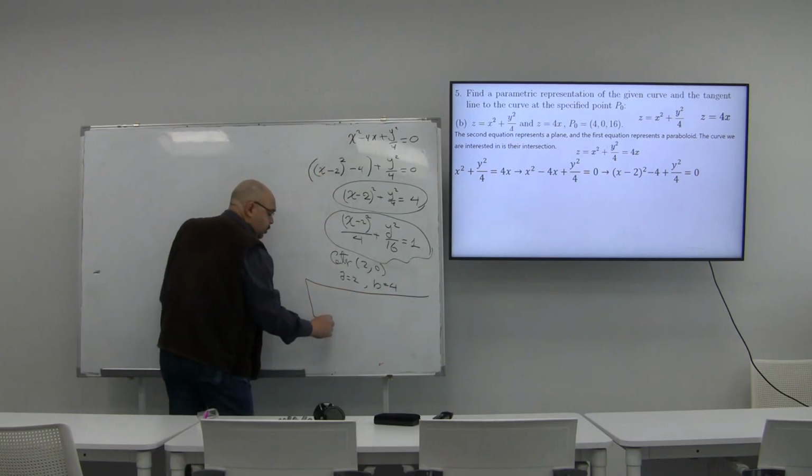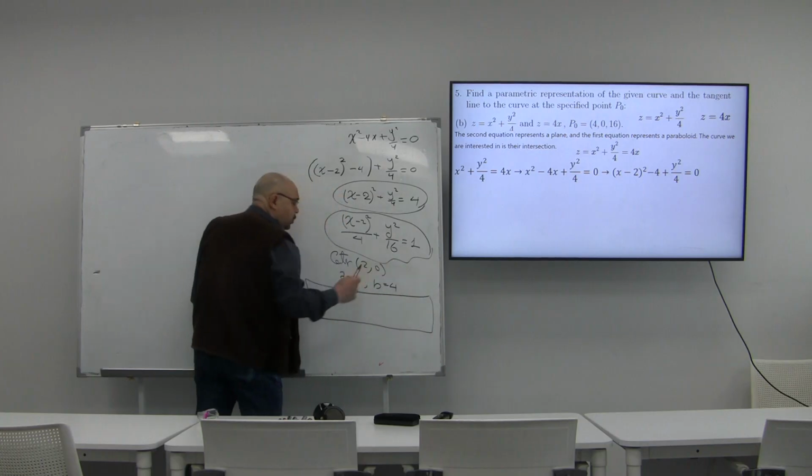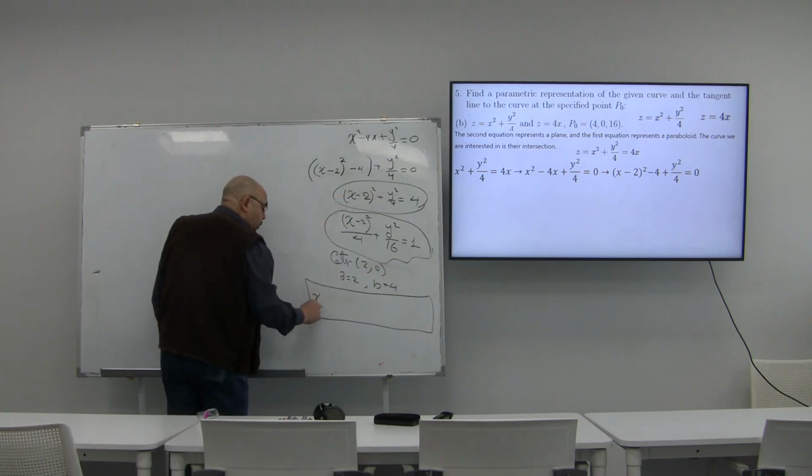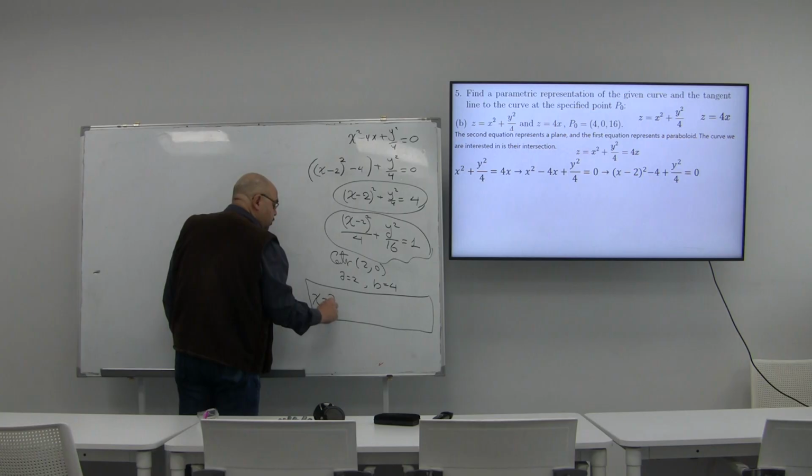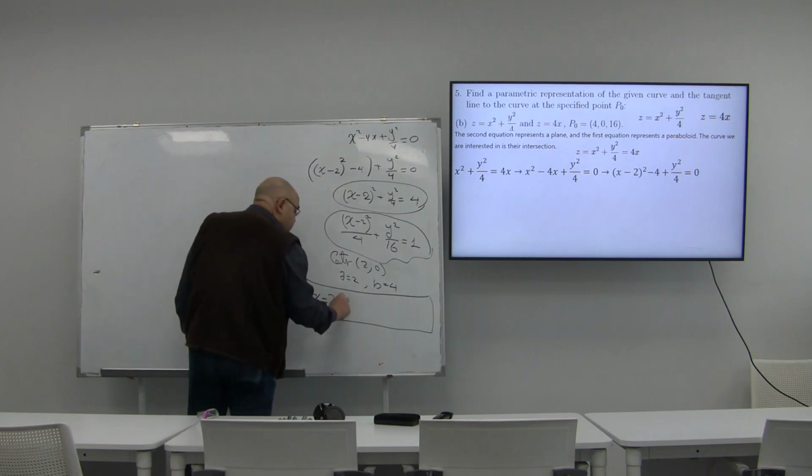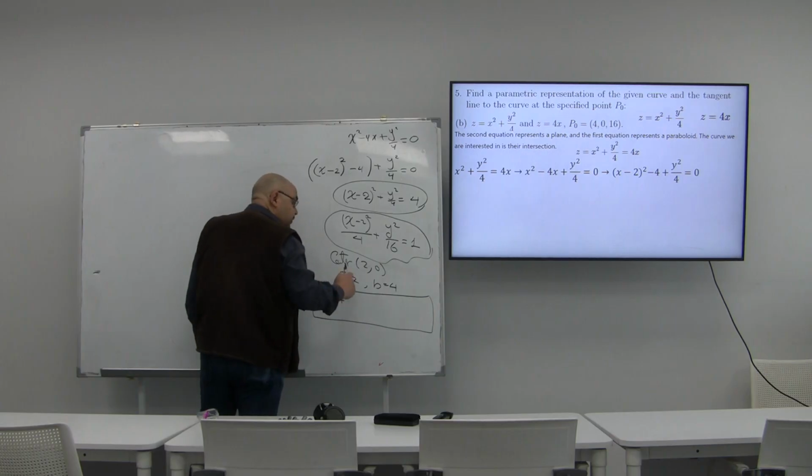And your parametrization now can be put in this form. For the x component, it's going to equal 2, which is the x component of the center, plus a times cosine t.